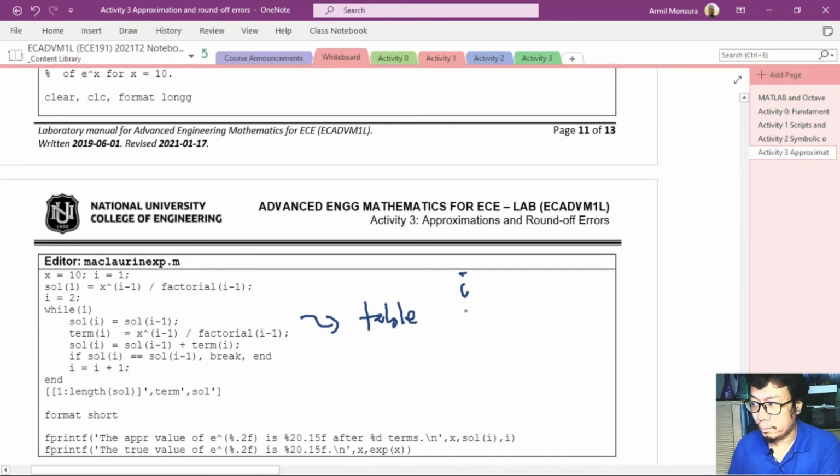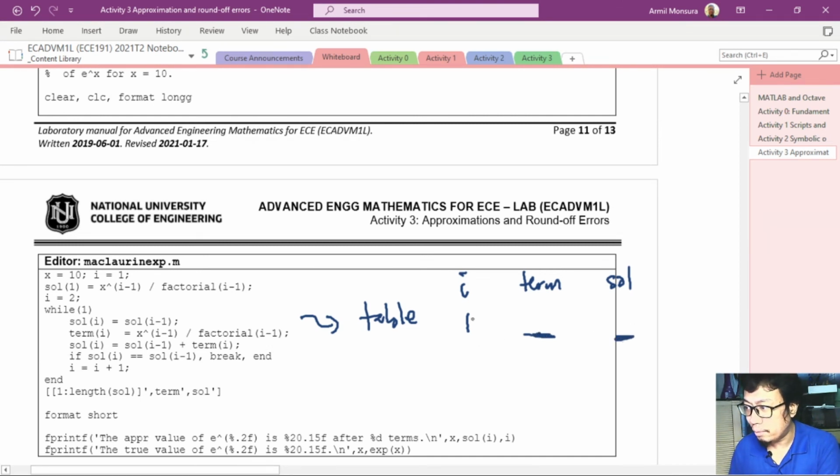So this is iteration 1. And then what was tabulated there was term and sol, which means the value of the term and the value of the solution.